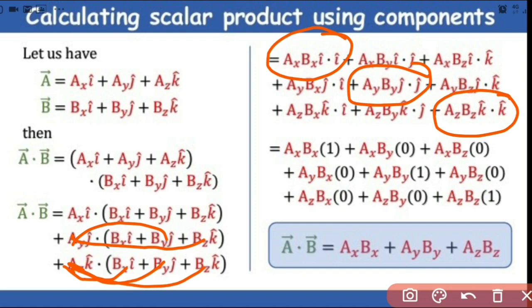So only 3 terms are non-zero, all other 6 terms are zeros. You can see which ones. So what remains is A dot B equal to AX BX plus AY BY plus AZ BZ. So this is the expression for the component form of scalar product.